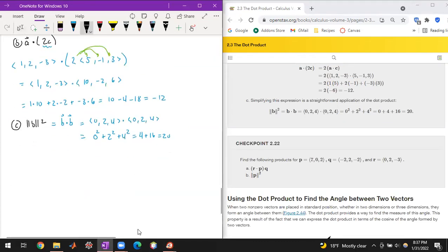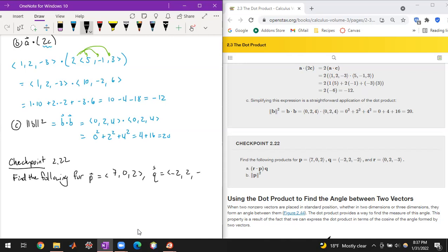For checkpoint 2.22, find the following products. For our vector P, which has components 7, 0, 2, Q, which has components negative 2, 2, negative 2, and R, which has components 0, 2, negative 3.